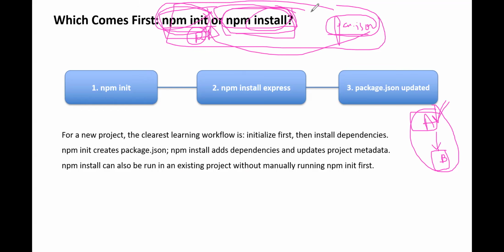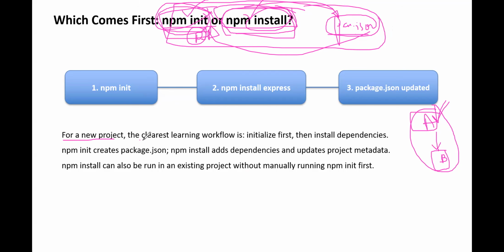With this flowchart, you can clearly understand the purpose of npm init and npm install. npm init initializes the package.json file. With npm install we can install the packages, and the installed packages will be stored in package.json as dependencies, with their name, version, and all.